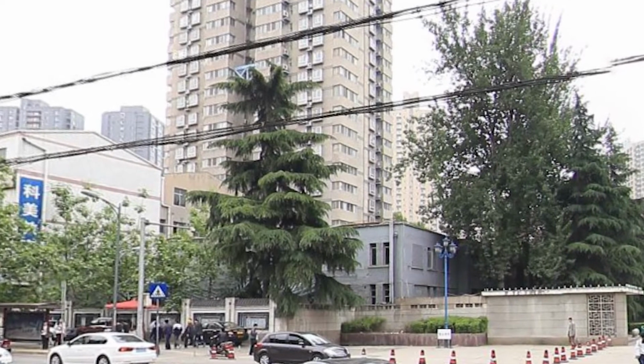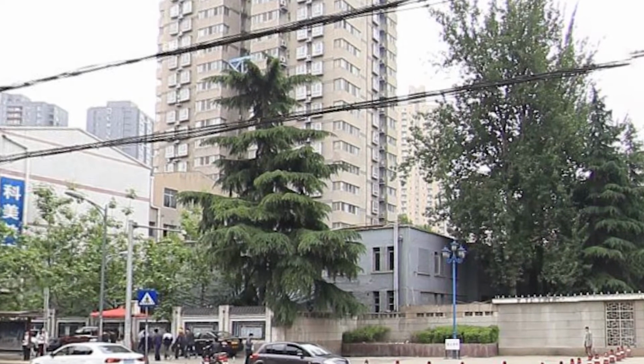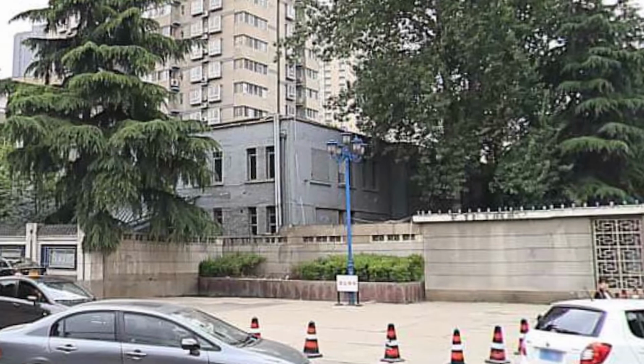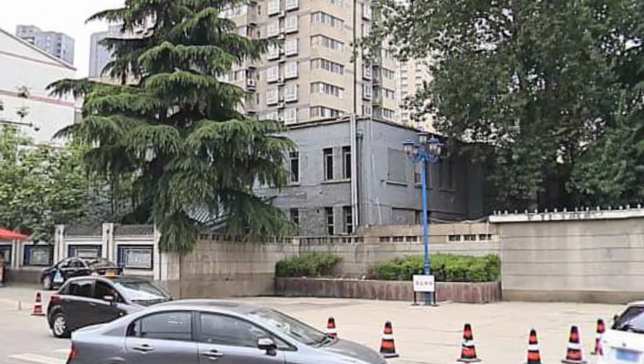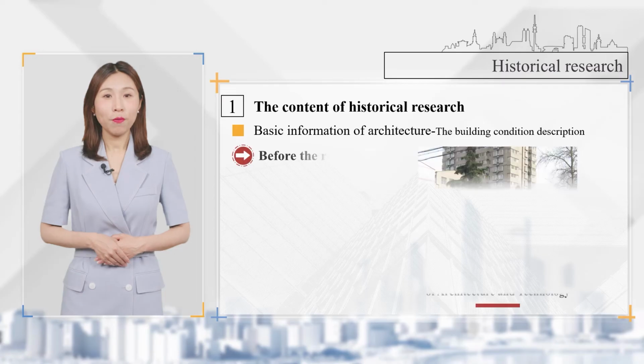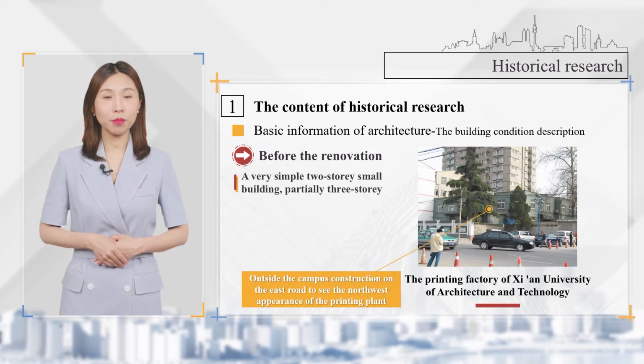Let's look at the appearance of the printing factory of Xi'an University of Architecture and Technology from the Jianshe East Road outside the campus. Before the renovation, the printing factory is a very simple 2-story small building, partially 3-story, brick concrete structure, partially frame.